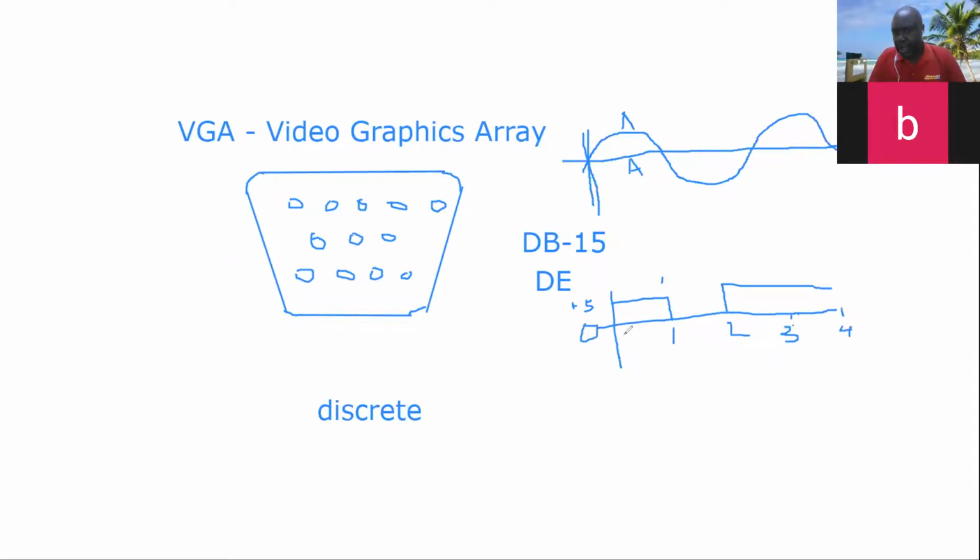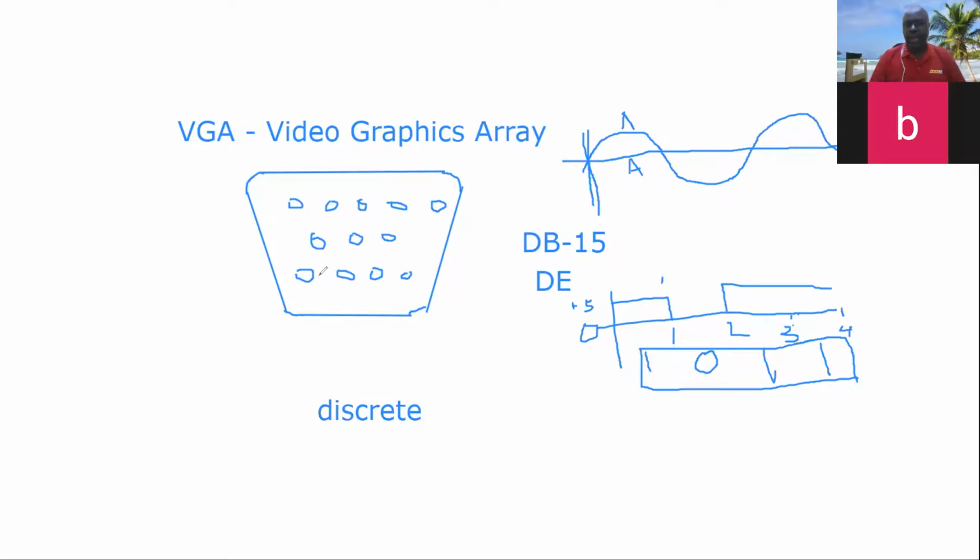We can see that for this one, where there is 5 volts, maybe we can say this is going to be represented by 1, where there is no voltage, that will be represented by 0. So there will be 1 and 1. So we have this as a binary representation of the signal, because this is a digital signal.